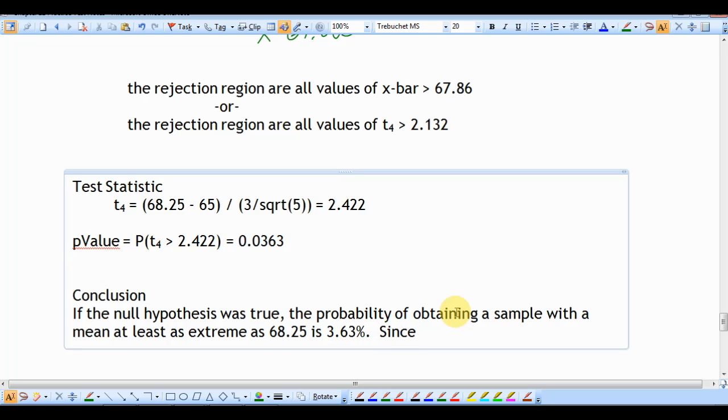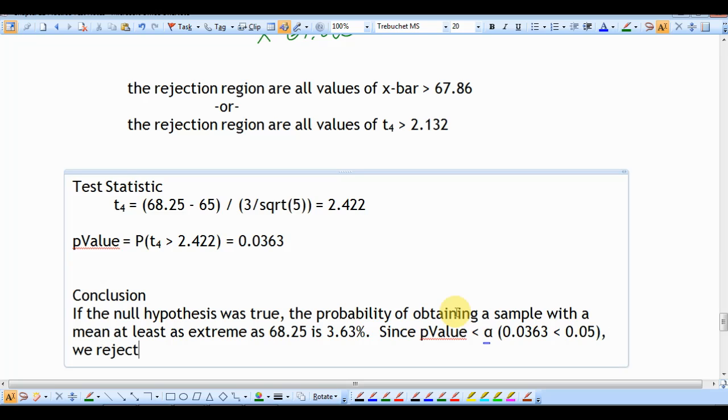Since our p-value is less than alpha, and by that we mean 0.0363 is less than 0.05, we reject the null hypothesis.